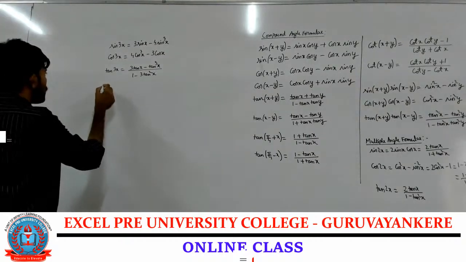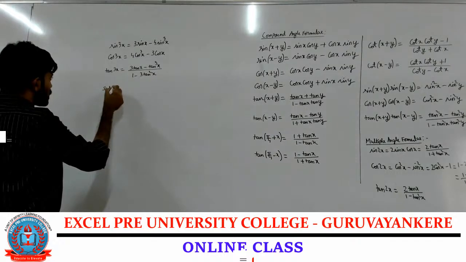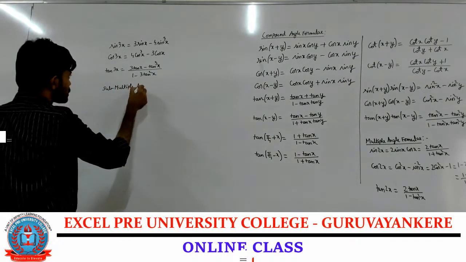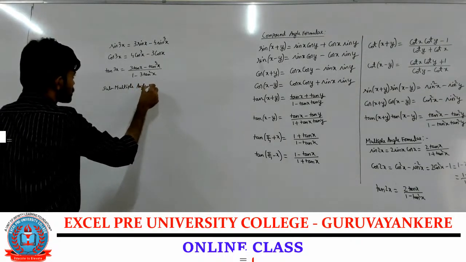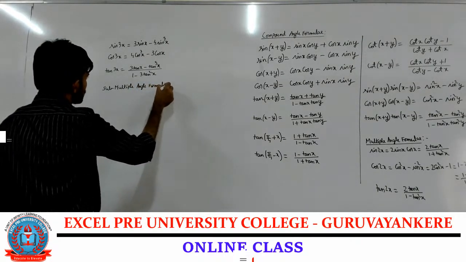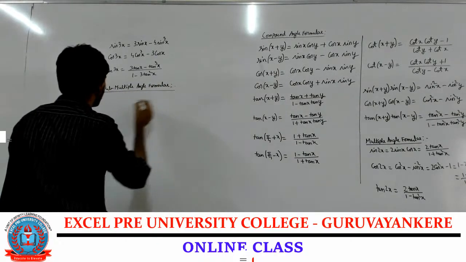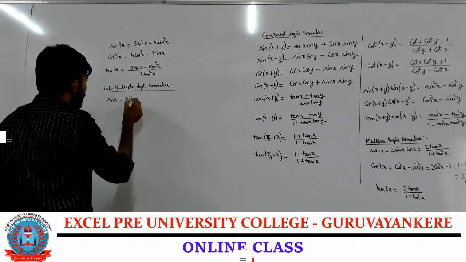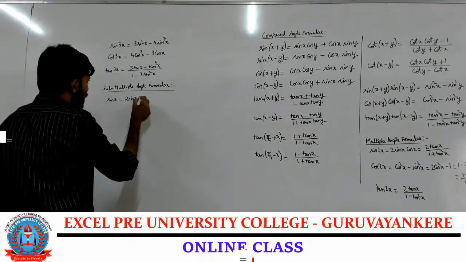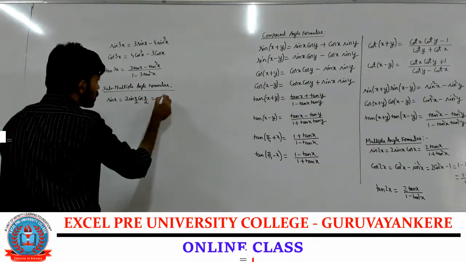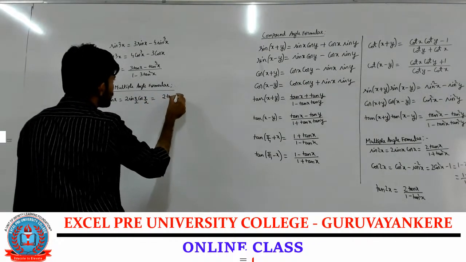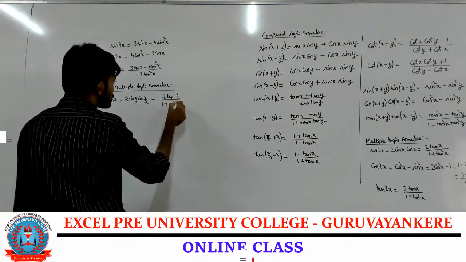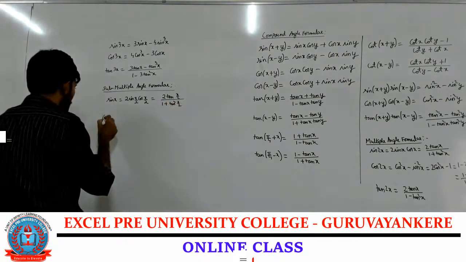Further we have the submultiple angle formulas. Sin x is 2 sin x by 2 cos x by 2, which is equal to 2 tan x by 2 divided by 1 plus tan square x by 2.